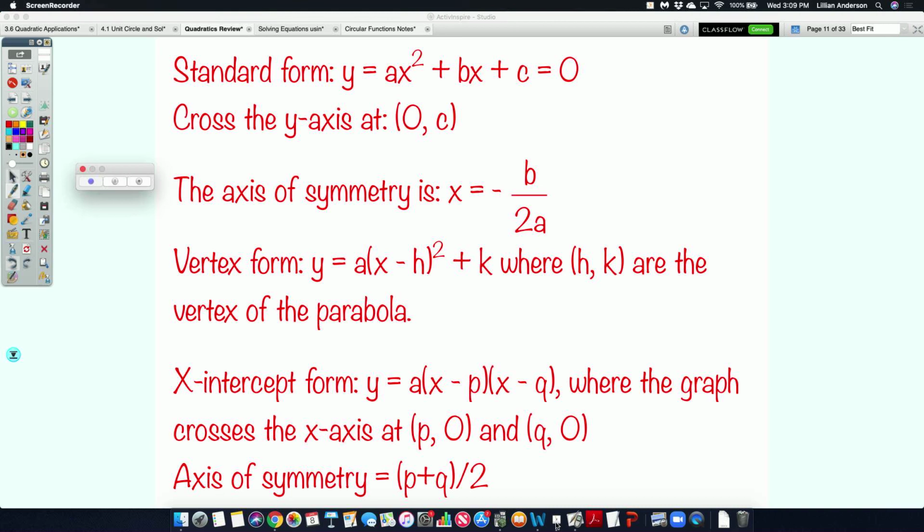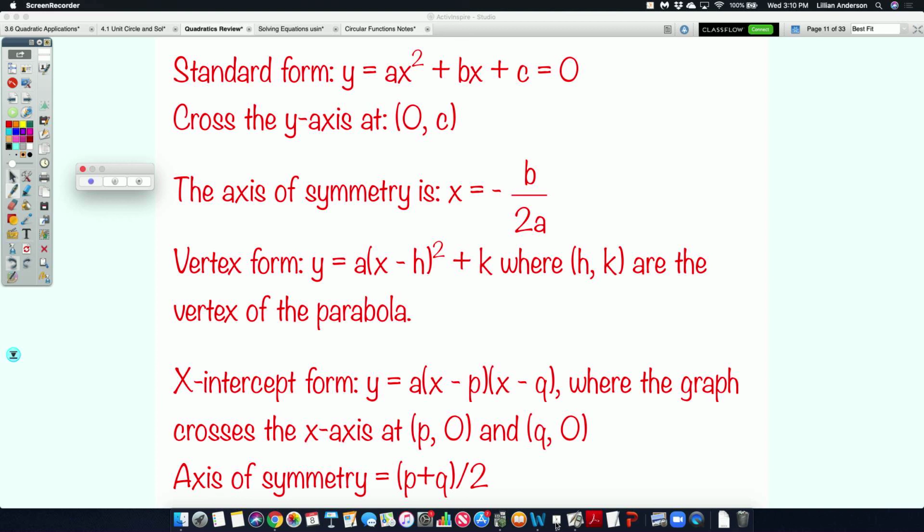We also had a formula for the axis of symmetry, which was -b/2a, and that was the only thing about quadratics that was given to you. The discriminant was not given to you; you had to remember that. Only x equals -b/2a. And it is an equation. Do not forget the x equals.